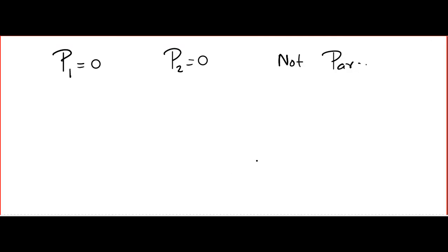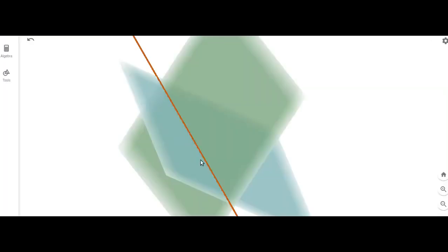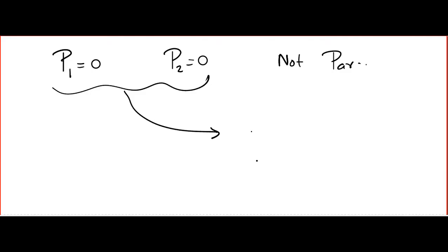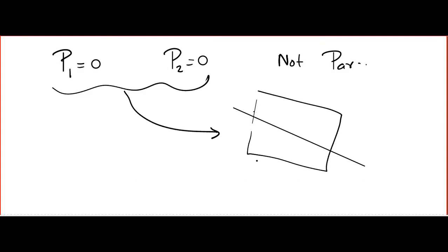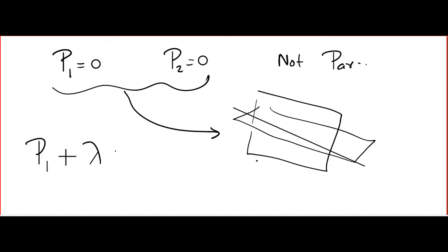And I showed you when two planes intersect, a line will be formed. You have to understand there will be infinite number of planes passing through the same line. And all those planes will be given by P1 plus lambda times P2 equal to 0.